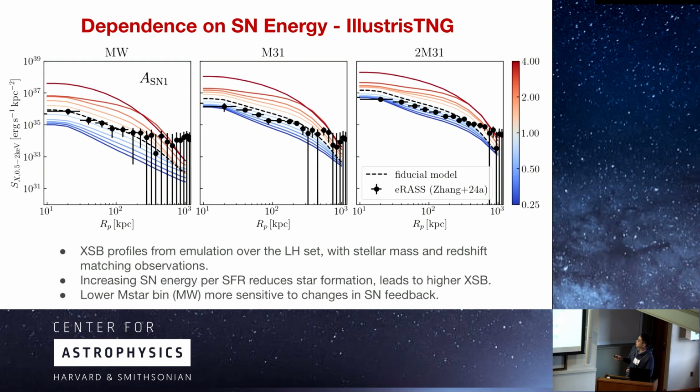In the Milky Way mass bin, the fiducial model, meaning all the parameters are set to 1, fits the observations pretty well. But generally, the IllustrisTNG fiducial model overpredicts the M31 and 2 times M31 mass bins in terms of X-ray surface brightness.